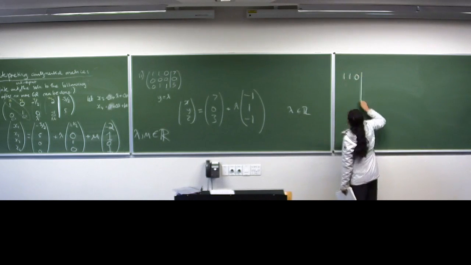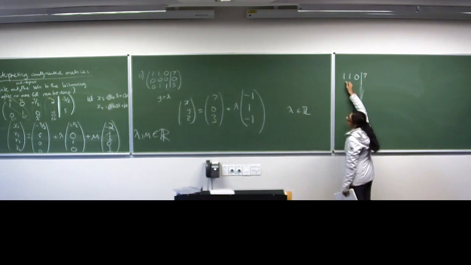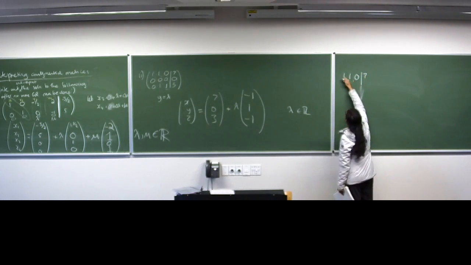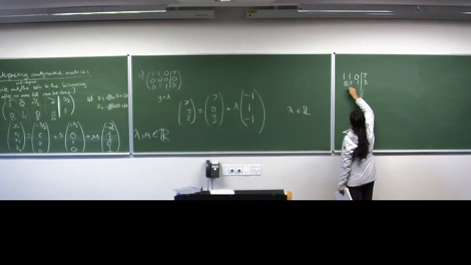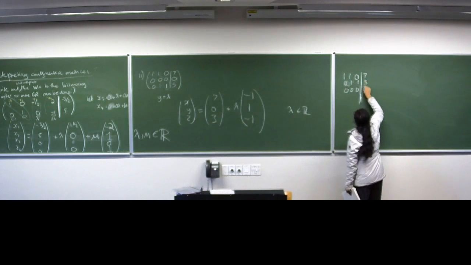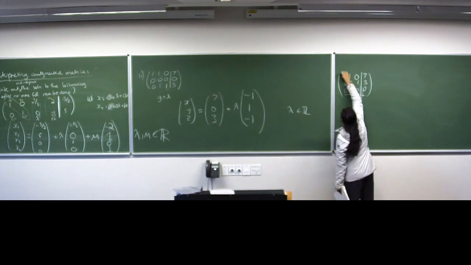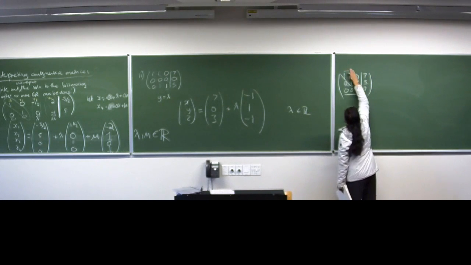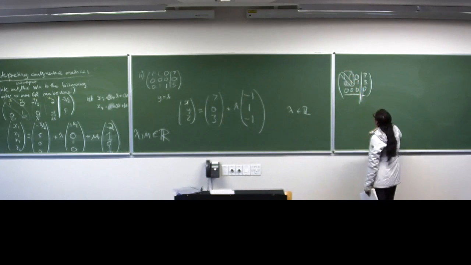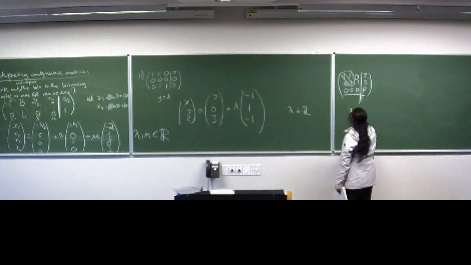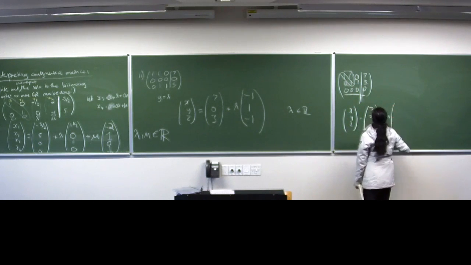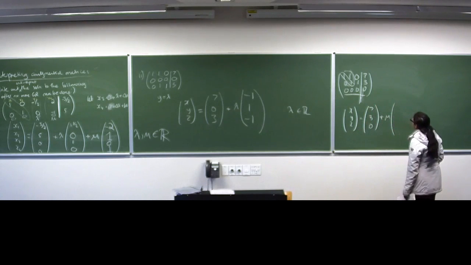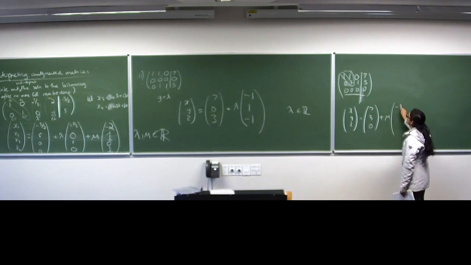1, 1, 0, 7, sorry. 0, 1, 1, and 3. Here's our diagonal. That's fine. And so we get x, y, z equal to 7, 3, 0 plus mu, and we'd get minus 1.